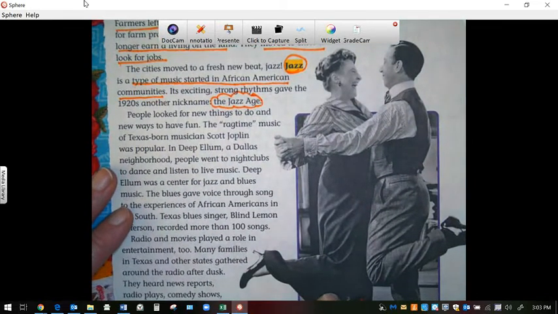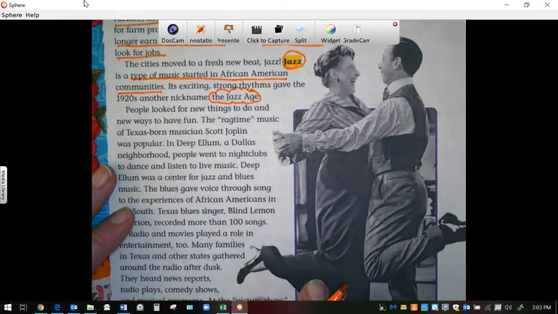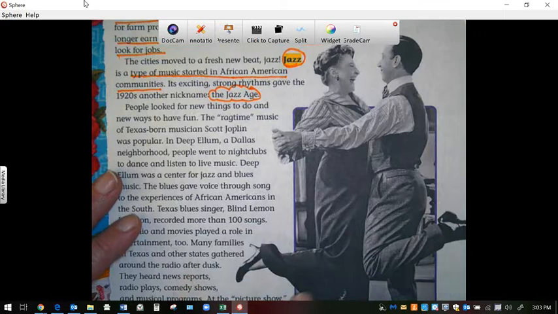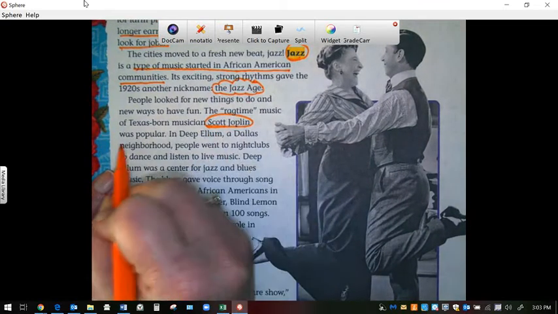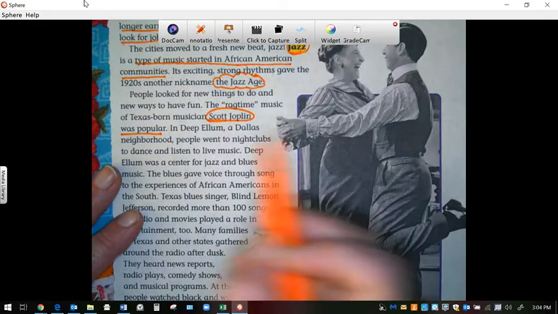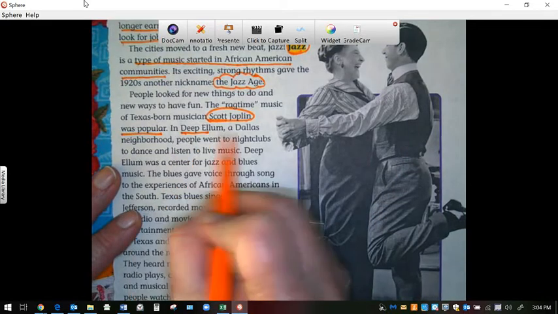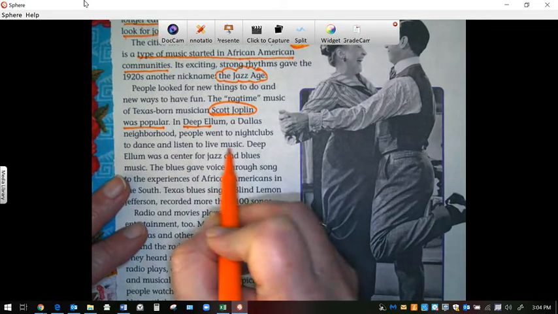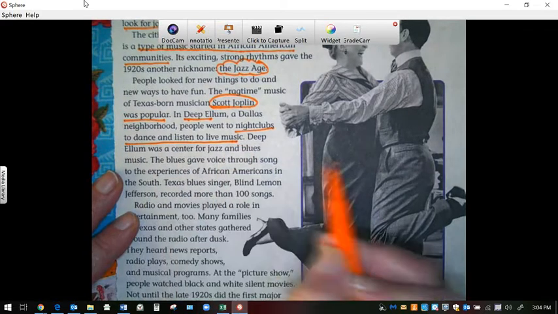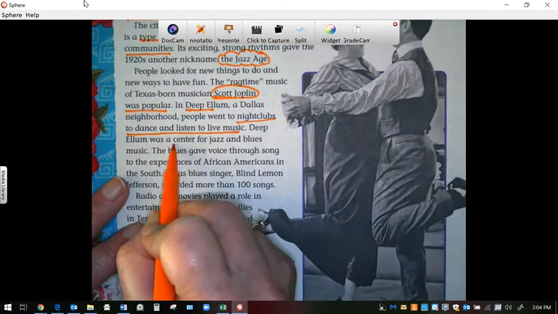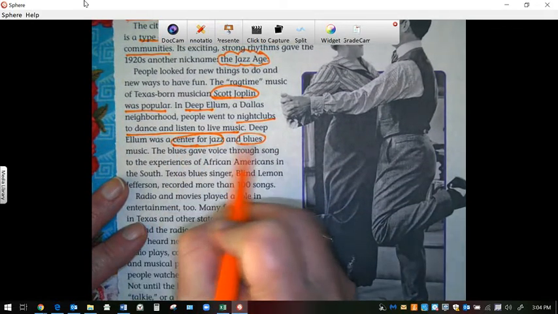People looked for new things to do and new ways to have fun. The ragtime music of Texas-born musician Scott Joplin was popular. In Deep Ellum, a Dallas neighborhood, people went to nightclubs to dance and listen to live music. Deep Ellum was a center for jazz and blues music.